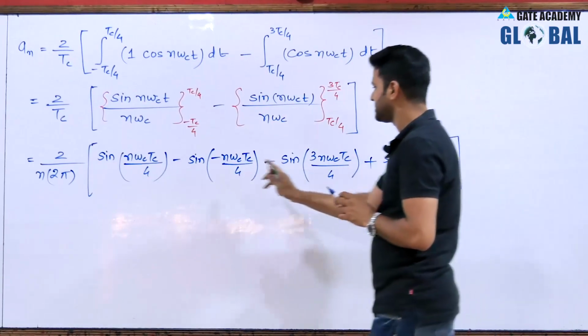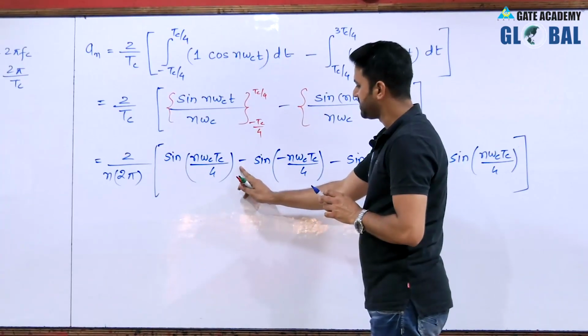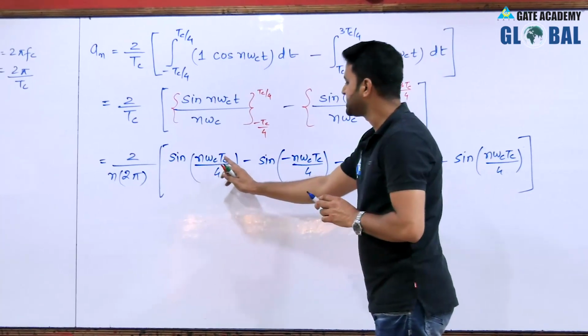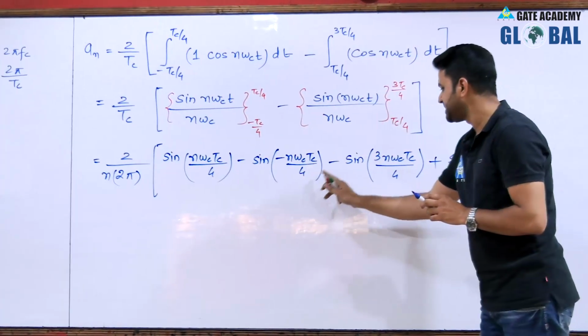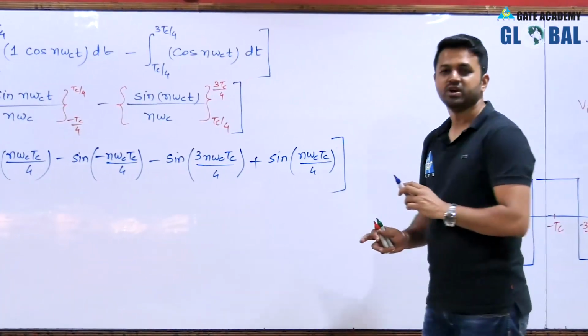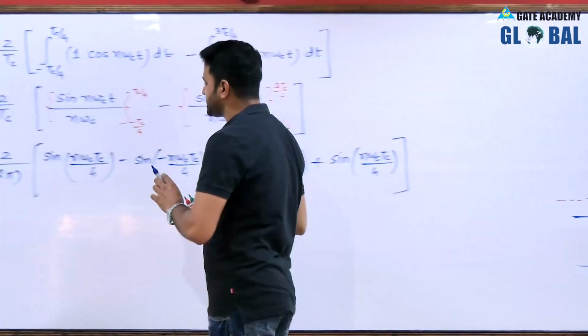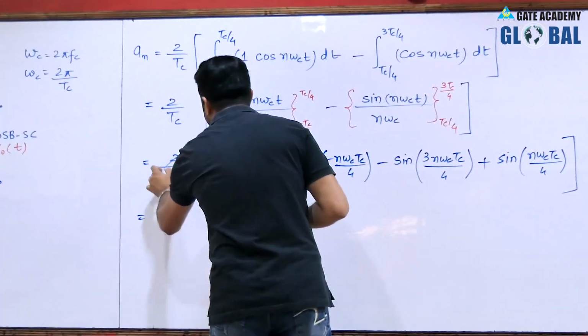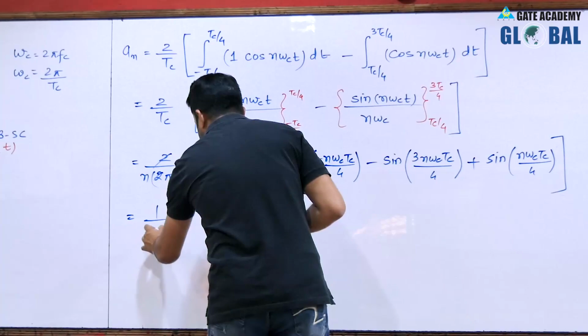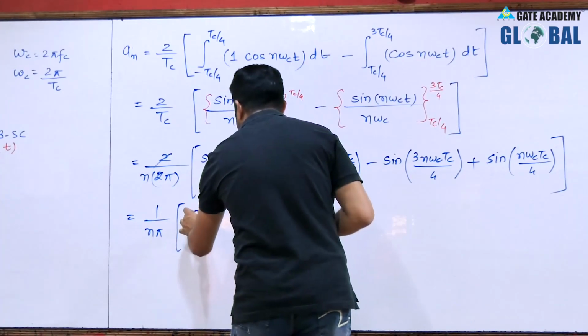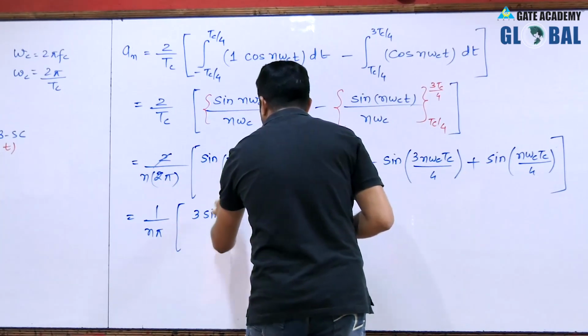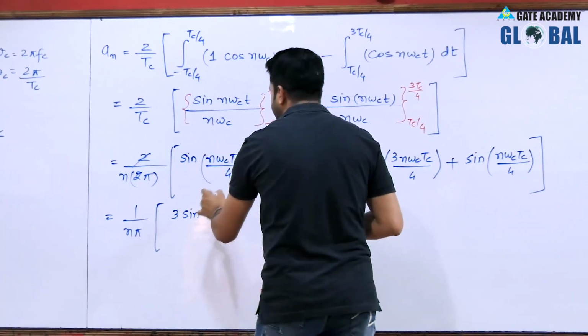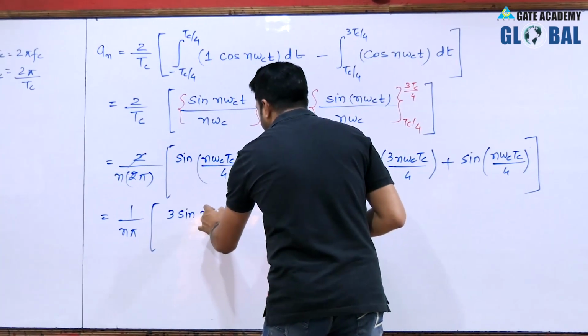So, this is plus, and this minus minus is also plus, and this is plus n omega C Tc by 4. So, there are 3 times n omega C Tc by 4. So, we will get 1 upon n pi, 3 sin n omega C Tc, and omega C Tc is 2 pi.